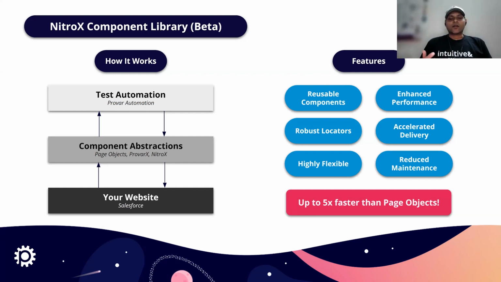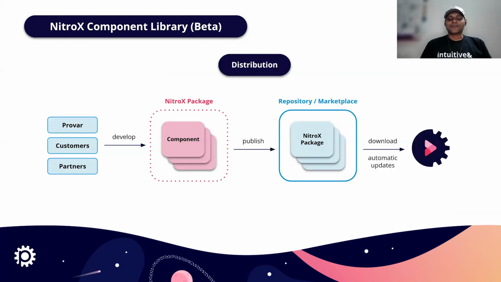By doing so, not only do we get the superpowers of reusable components, we enhance the performance, the locators are much more robust and smart. They are highly flexible and the maintenance is reduced. We also have a small box which says up to 5x faster than page objects. And in my own personal opinion, it can even go up to 10x faster. So that's a quick refresher on NitroX. Let's move on to the next one.